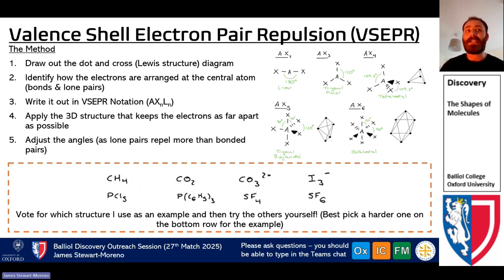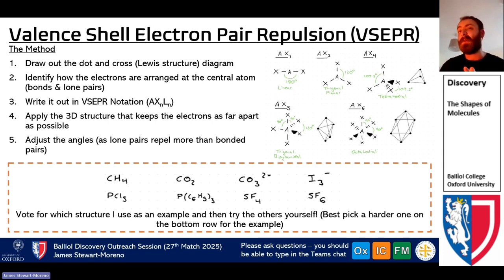Once you have that, you can identify how the electrons are arranged, whether it's got a lone pair or not, or whether all of those electrons are involved in a bond. You then write it out in your VSEPR notation, so AX, L, whatever. And then you apply the 3D structure that keeps the electrons as far away as you can. So this is where the AX2, the AX3, the AX5 systems come in. And then you can adjust for the lone pairs.